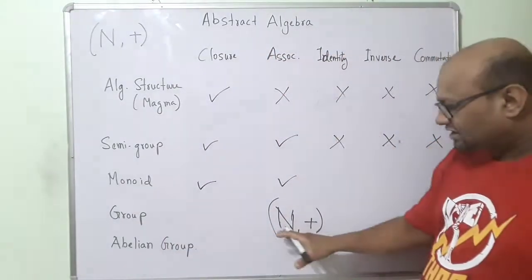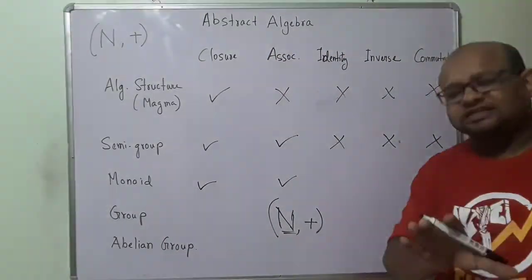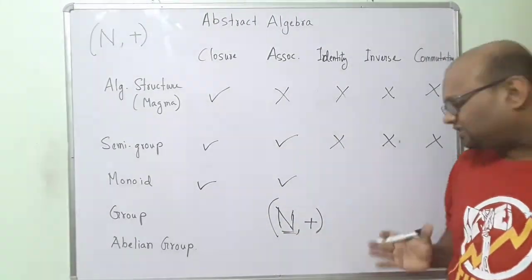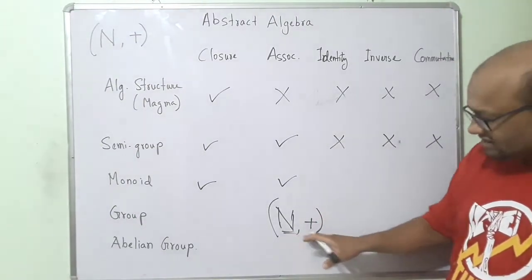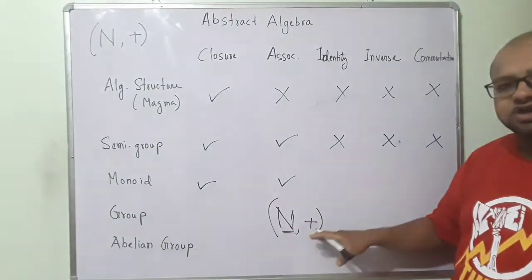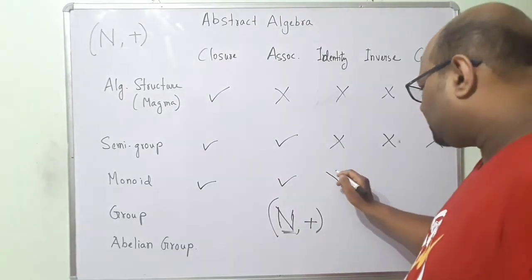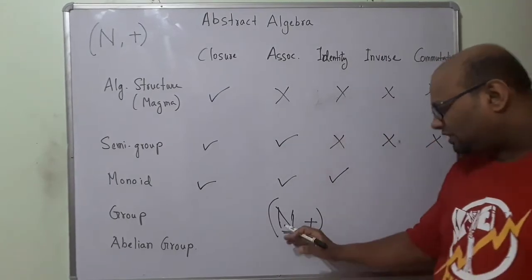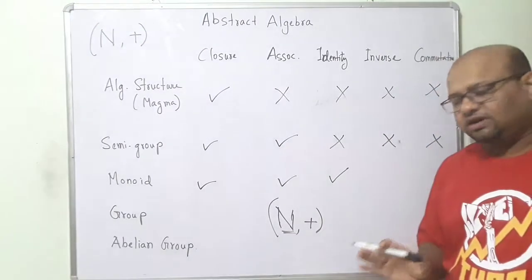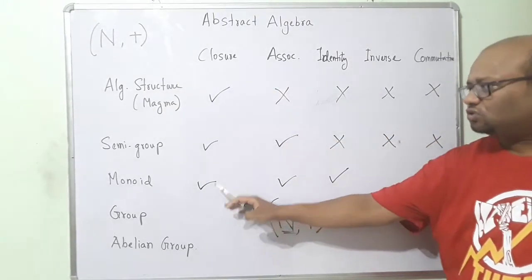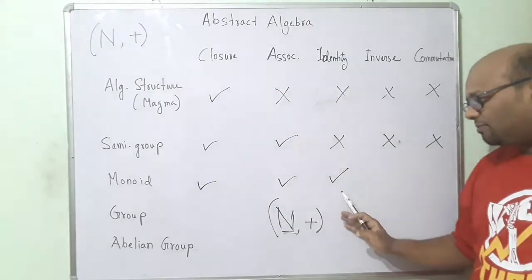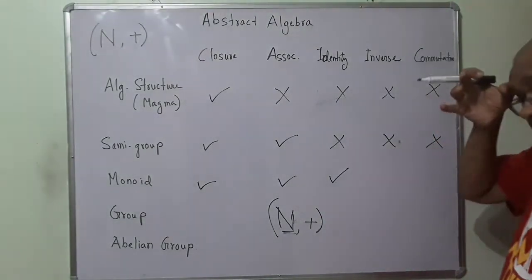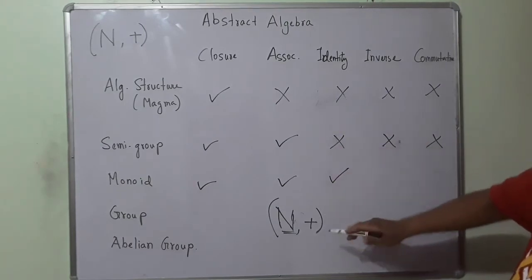Now, in my set of natural numbers, 0 does not exist. 0 does not belong to the set of natural numbers under my definition. So the set of natural numbers under addition is not a monoid. A monoid must have the identity property as well. This is not a monoid because although it is closed and associative, the identity element does not belong to the set of natural numbers.